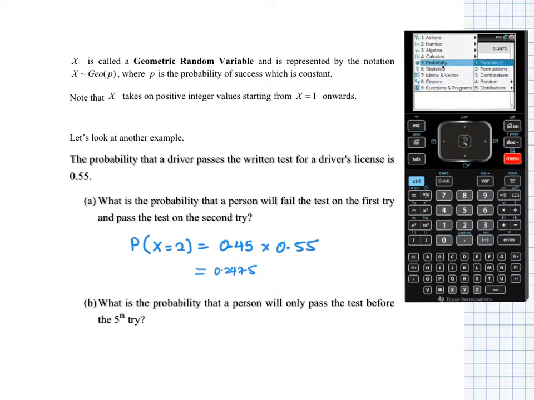You click probability distributions and find geometric PDF. You can key in the value of P, 0.55, and the value of X, which is 2, and we will get the same answer, which is 0.2475.